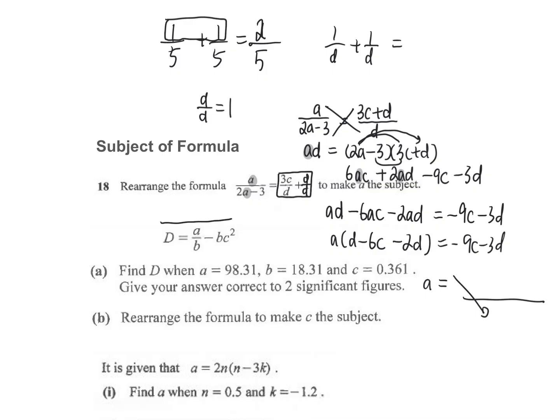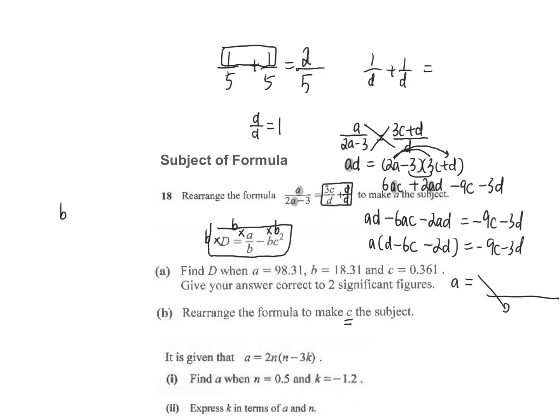Then this kind, if you want to make C the subject of formula, keep C on one side and bring every other thing to the other side. If you want to help yourself, get rid of the B by multiplying all the terms by B first. So can you see that you get BD A minus B square C square.